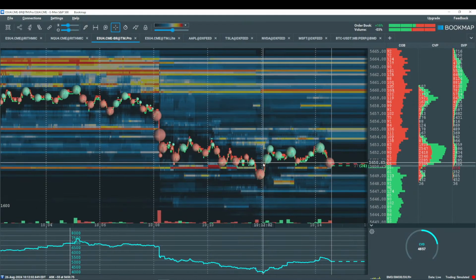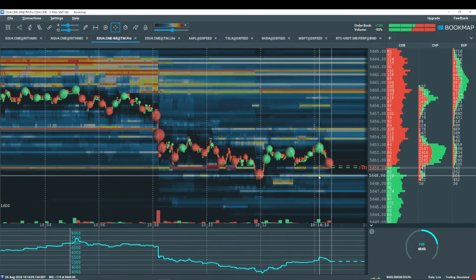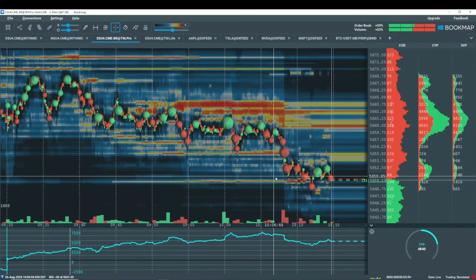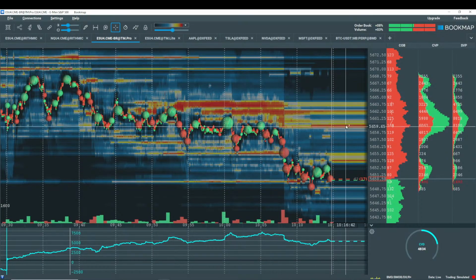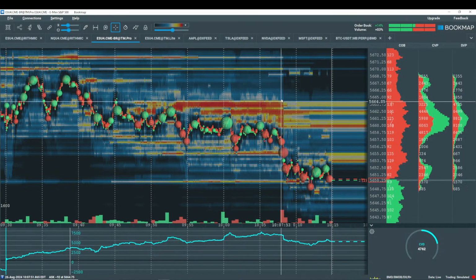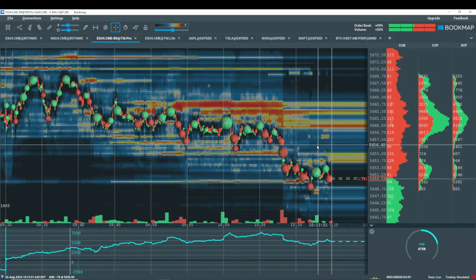That's to be determined. But around 10 to 10:30, after this initial move here, many times we have a reversal. And then we get the continuation after 10:30, 11, somewhere around there. And that's what we want to determine here, right?